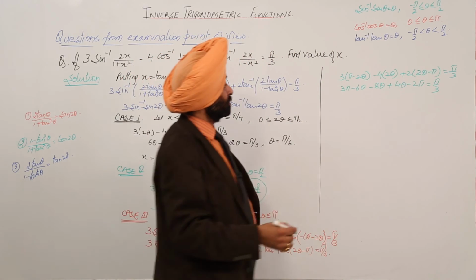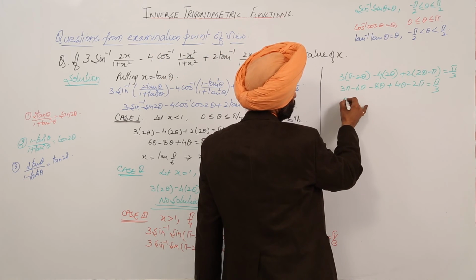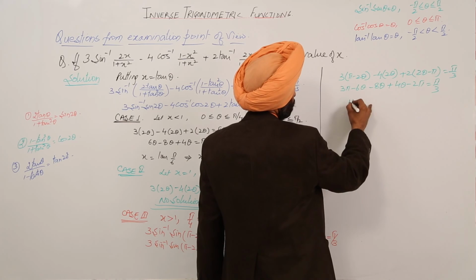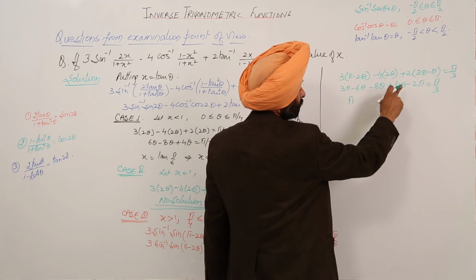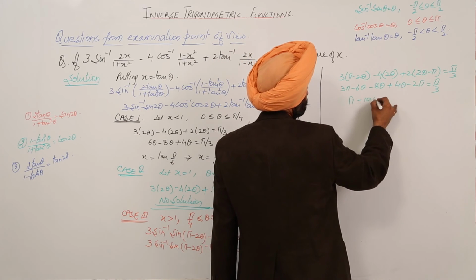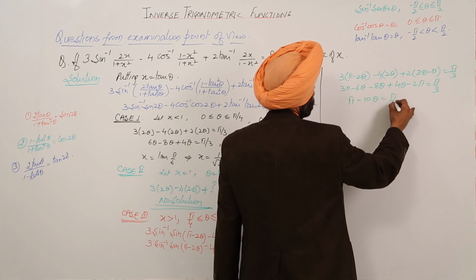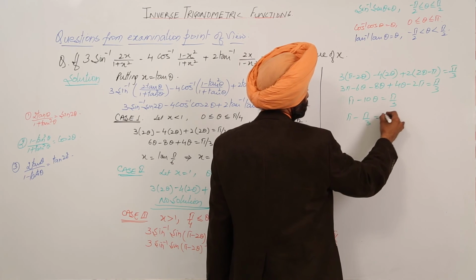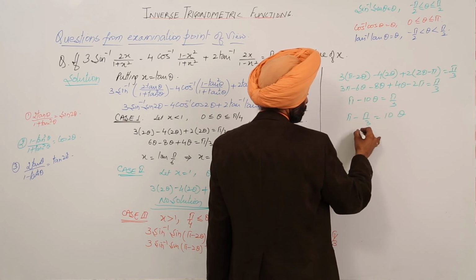Now this becomes 3 pi minus 2 pi is pi, and minus 6 minus 8 plus 4 is minus 10 theta. So pi minus 10 theta is equal to pi by 3. Pi minus pi by 3 is equal to 10 theta.